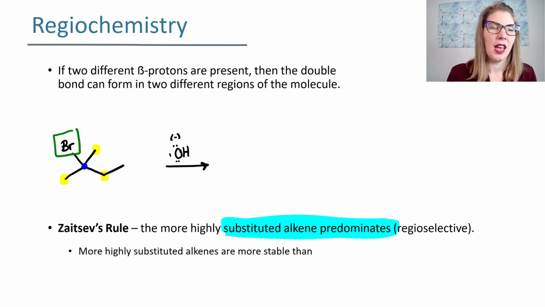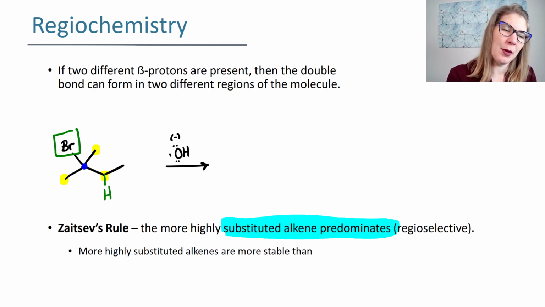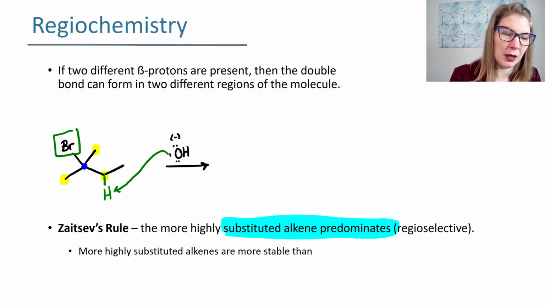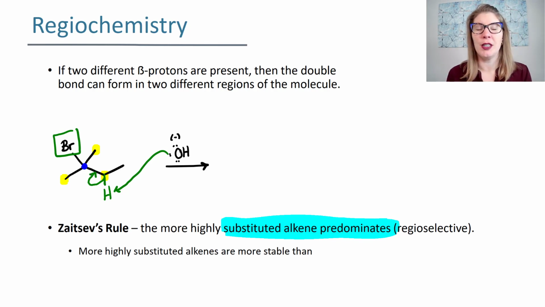If you draw in the protons here, I'm going to put a proton here, and I'm going to take my pair of electrons from my base of hydroxide. I'm going to pull off that proton. When I pull off that proton, the electrons between the proton and the beta carbon are going to come around and form a double bond. They're always forming a double bond between the alpha and the beta carbon, right?